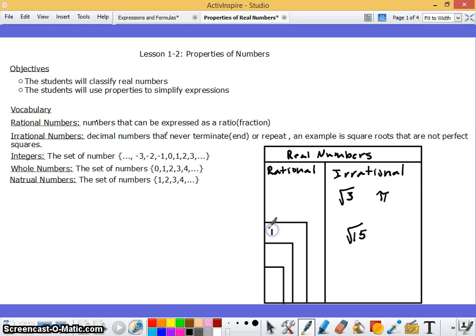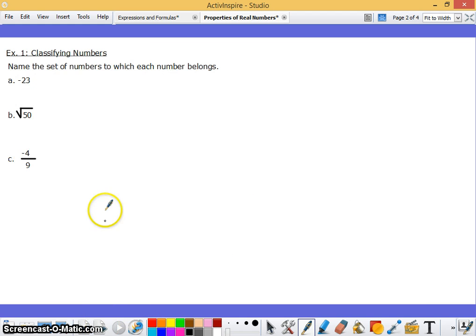You have integers, which are your negatives, zeros, and your positives. You then have your whole numbers, where you get rid of your negatives, and then you have your natural numbers after that, where you get rid of your 0. So that's the biggest part of the vocabulary at the beginning.